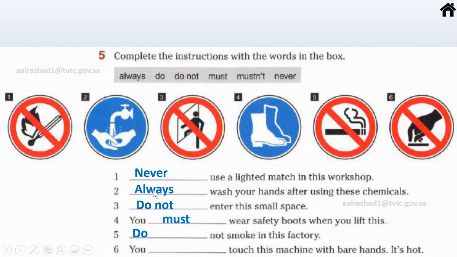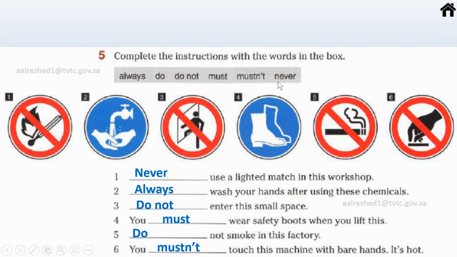Finally, number 6. You must not touch this machine with bare hands. It is hot. So use here must not because the sign tells you to not do something, a negative. So in these signs, 1, 3, 5, 6, I need to use a negative form or never.